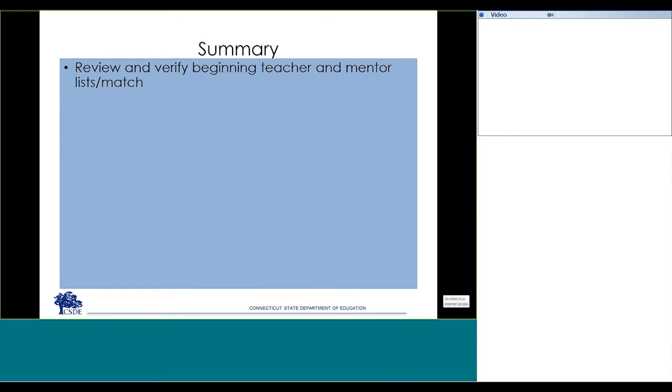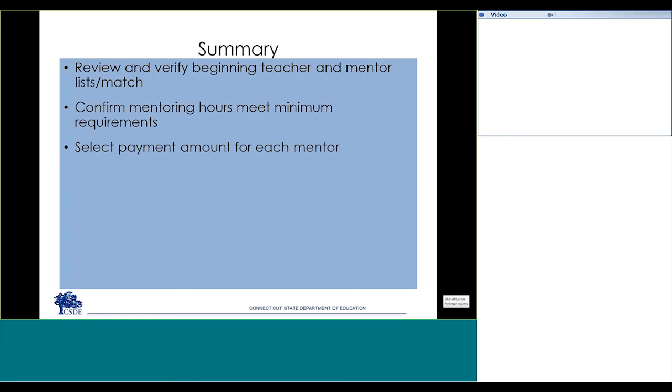So that really is the conclusion. Let me just summarize what we said this morning. The first thing that's critical is that you review and verify all beginning teachers and mentors are accurate and that they're matched appropriately. Next, you want to be sure that you take a look at those meeting logs and make sure that there's a minimum amount of hours logged that would require the amount of stipend that you are going to approve.